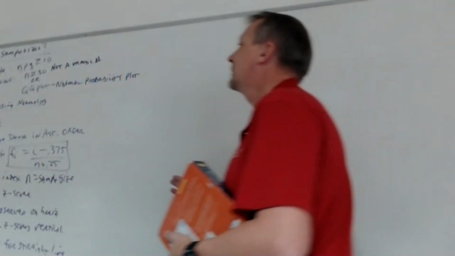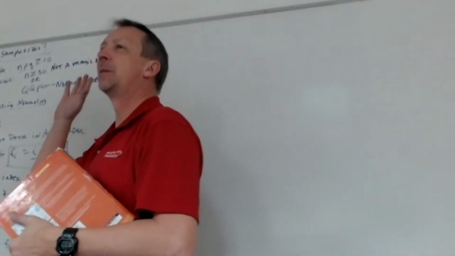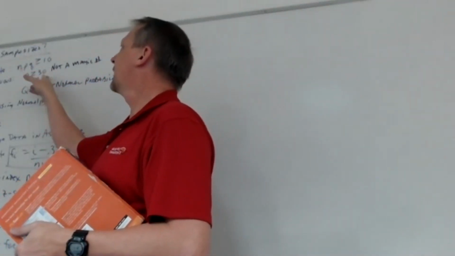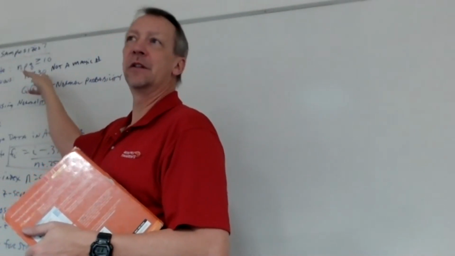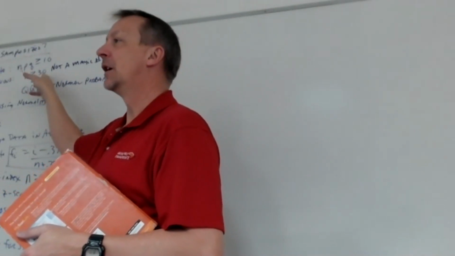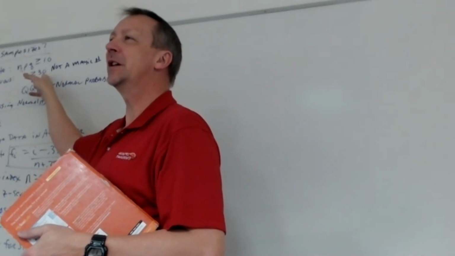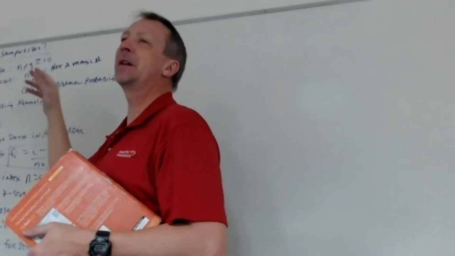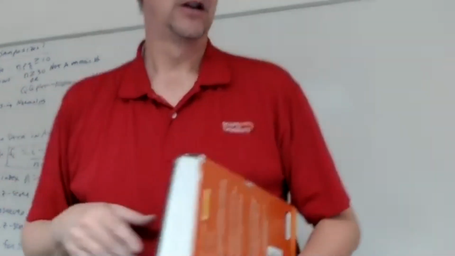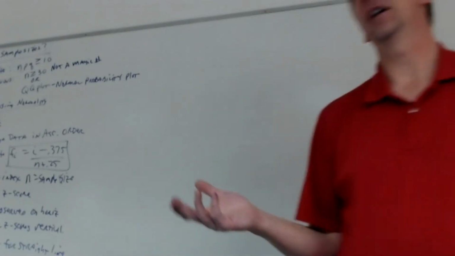Whenever you're doing some sort of an experiment like this, normally if your n is greater than 30, you're probably going to do some sort of a histogram. You wouldn't do a QQ plot because you can do a histogram. So the QQ plot is typically for small sample sizes. Sometimes you'd love to have a large sample size, but sometimes you can't get one.